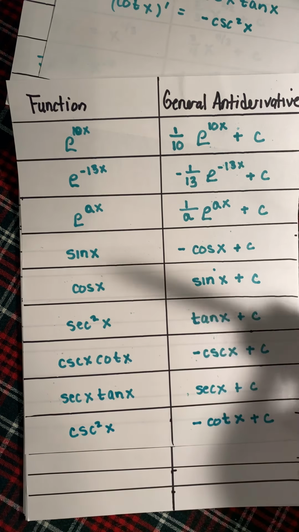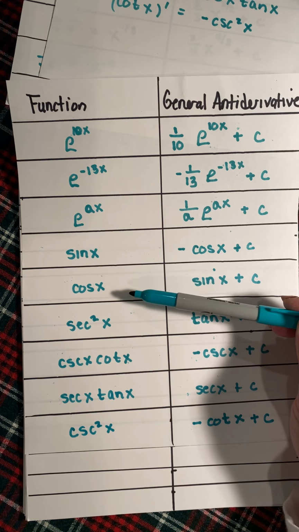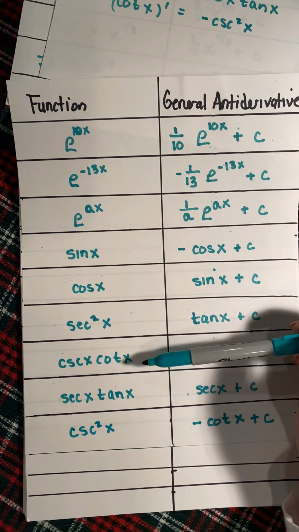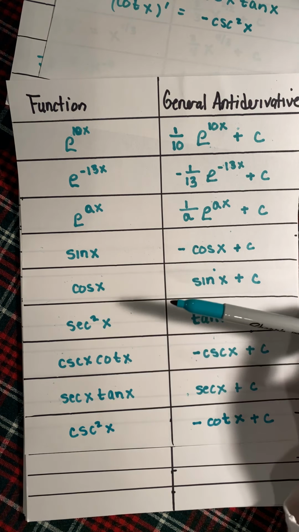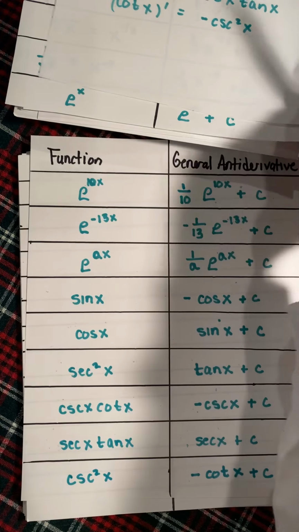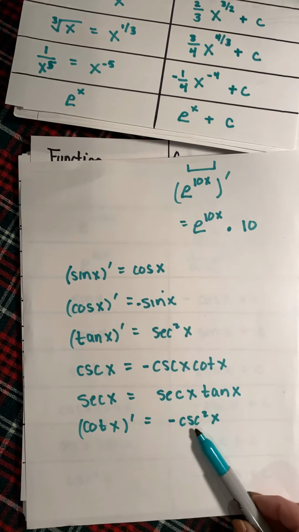All right, so notice here we have the antiderivative of the sine and the cosine, but we don't have antiderivatives of the tangent, the cosecant, the cotangent, because those antiderivatives aren't as straightforward. There is no function that we can obviously see whose derivative is the tangent.